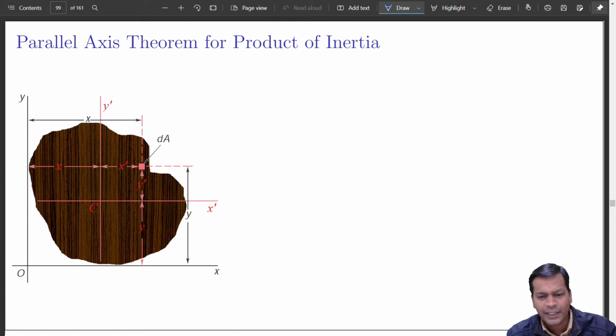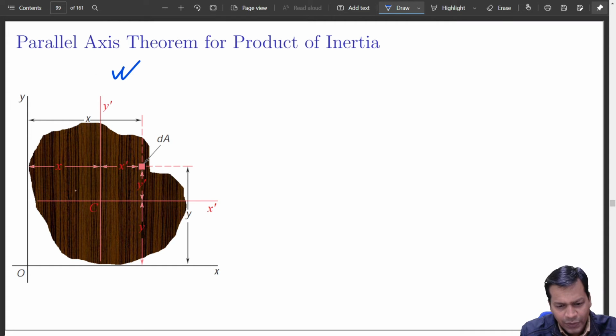So let us say this is your object. C is the centroid of this object, and the two axes which pass through the centroid are x dash and y dash. This is a small elemental area in consideration now. You already know the moment of inertia about the centroid.